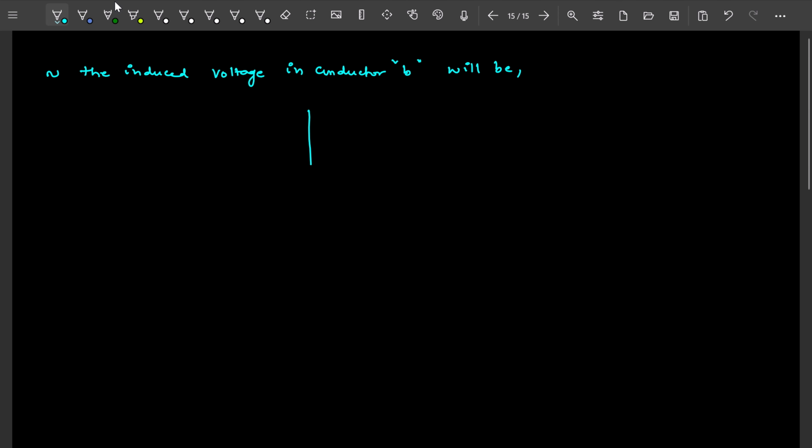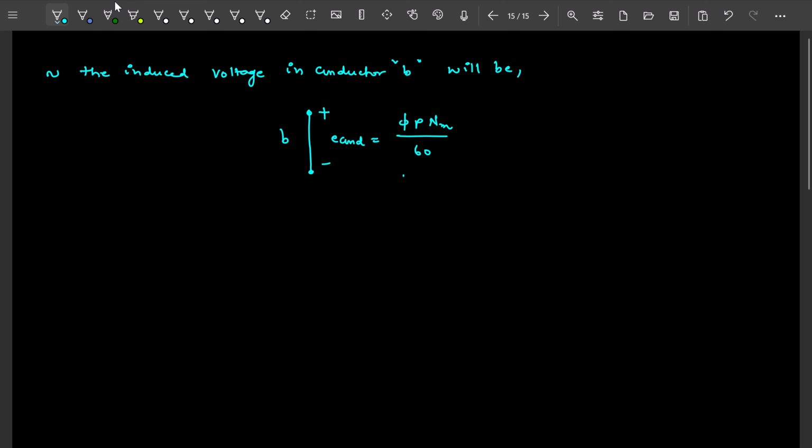That conductor also is like this only, no? It is also there like this. That conductor B is also having, and this conductor voltage is also 5 p nm by 60.